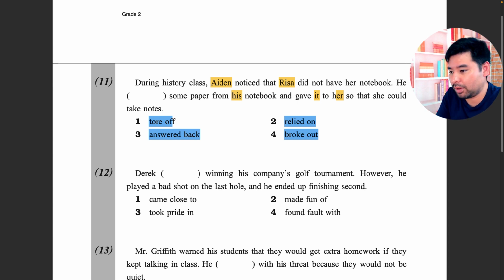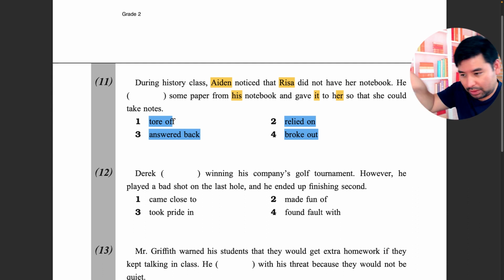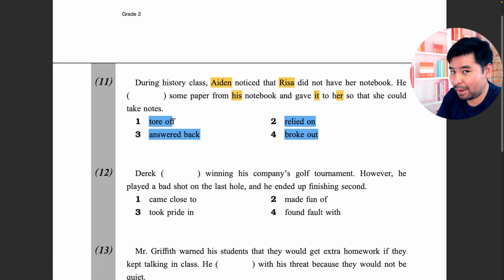For example, we can tear a leaf from a tree, or a paper. And broke out, the next word, is again a phrasal verb, and it means to suddenly begin or erupt, often in a negative way. So normally we use broke out in a negative way.